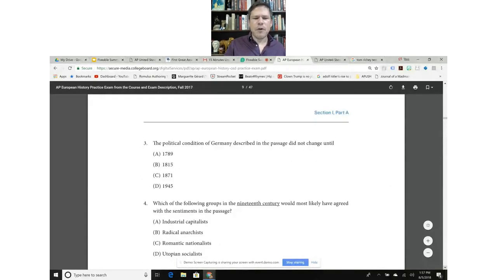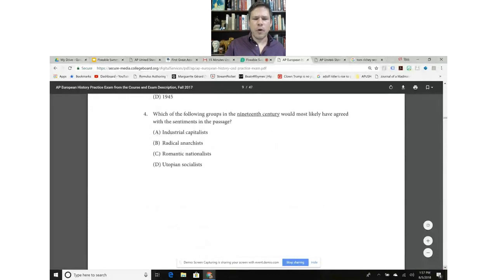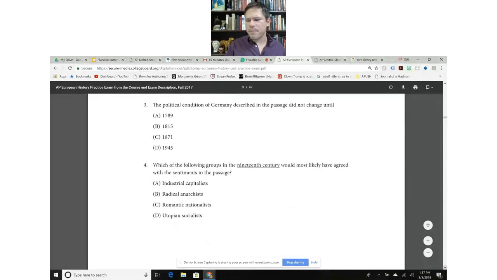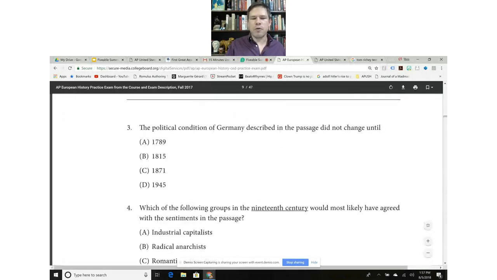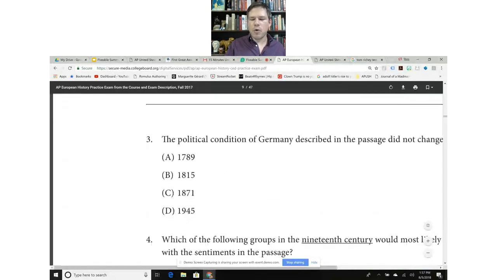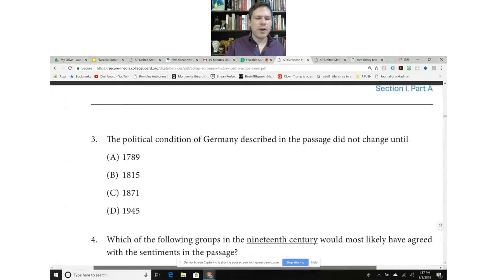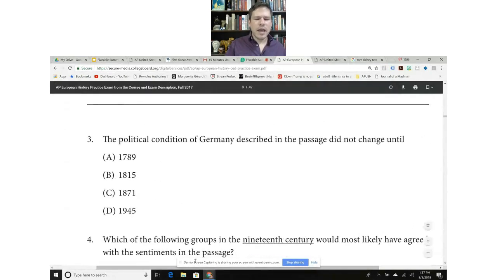Now, so then going on to the third one, okay? Now, this one is an example of one that doesn't even make a pretension to refer to the stimulus, okay? The political condition of Germany. Now, this is going on into German unification. Now, note here that it's using key dates here. Now, there's nothing here that is like making the student, hey, was German unification in 1871 or 1876?